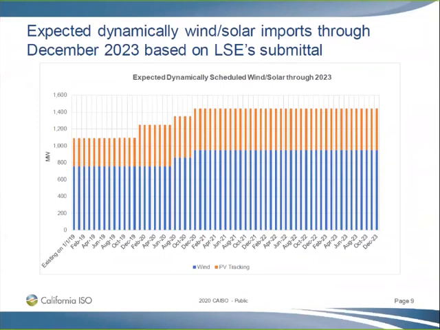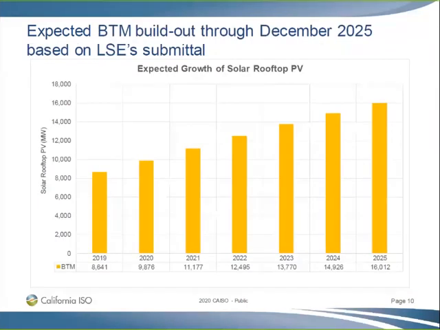One more slide before we open up for questions. It's going to be slide 10. Slide 10 is the behind-the-meter build-out. In this case, we showed it through 2025 because the load serving entities submitted the data. As you can see, by the end of 2020, this year, we're looking at roughly 10,000 megawatts of rooftop PV.